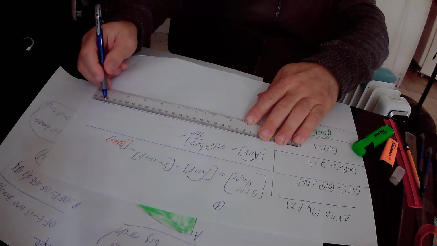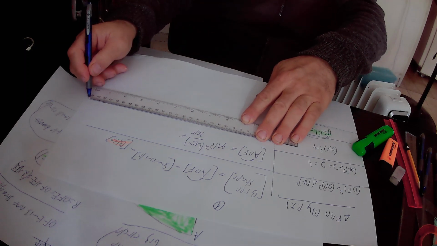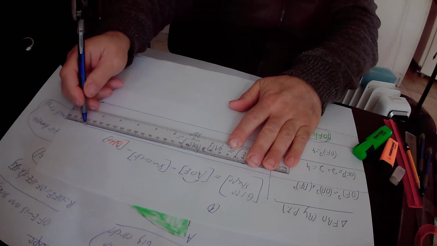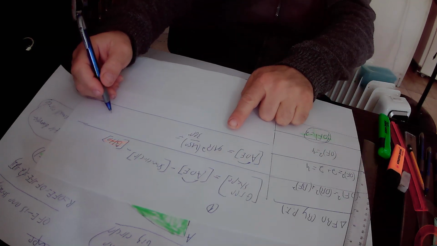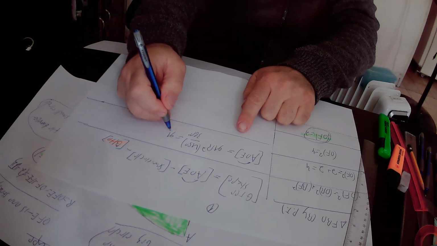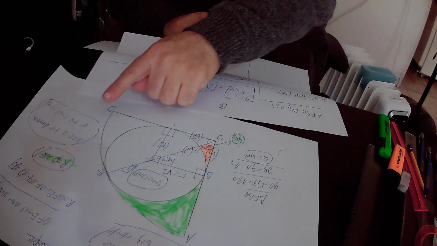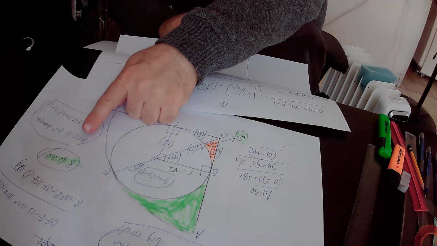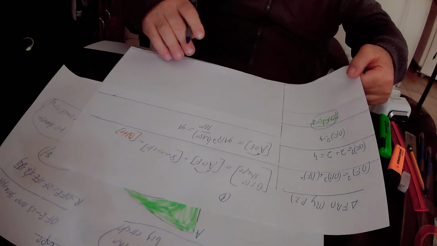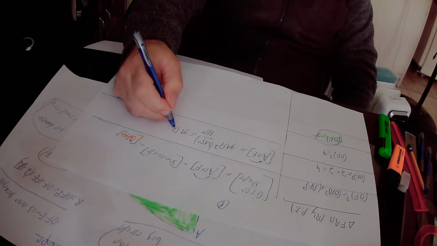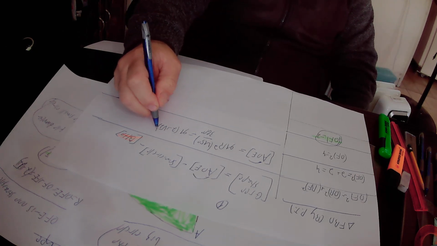So the area of the big sector AOE equals pi times capital R square. We already found out that capital R equals 2 plus square root of 2. Therefore capital R square will be equal to 2 plus square root of 2, squared.